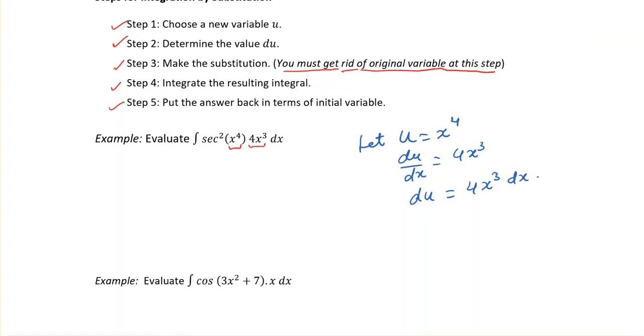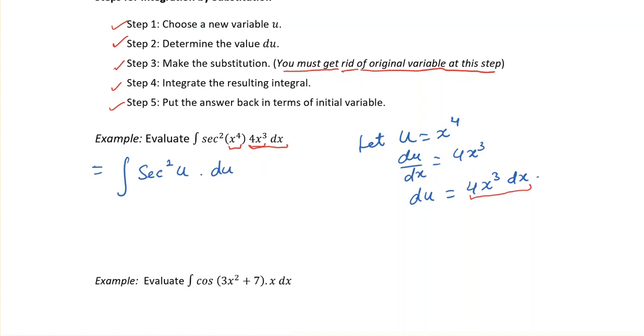So if we look here, we can do the substitution now. We get secant square, in place of x to the 4 we write u, and then 4x cubed dx. So this whole thing is our du. So we get du.